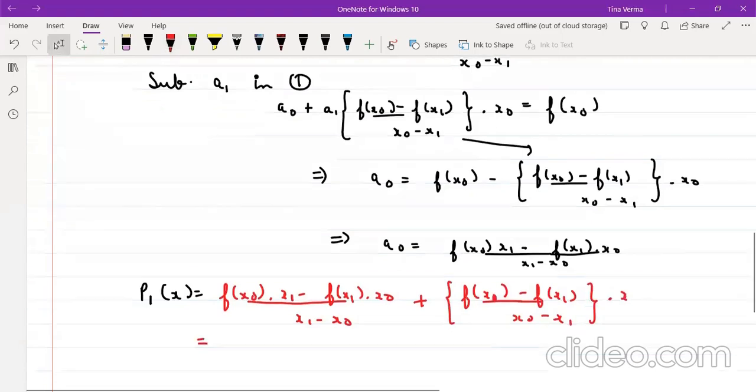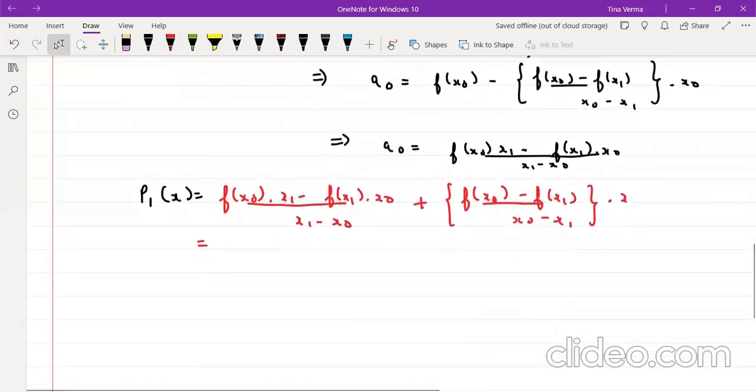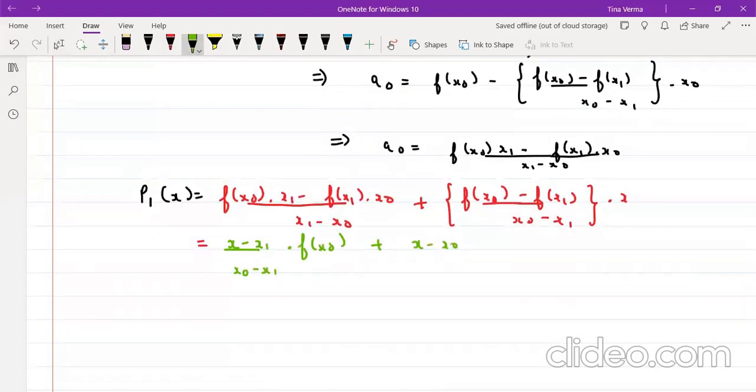When you solve this polynomial, you get x minus x1 upon x naught minus x1, into the function value at x naught, plus x minus x naught upon x1 minus x naught, into the function value at x1.